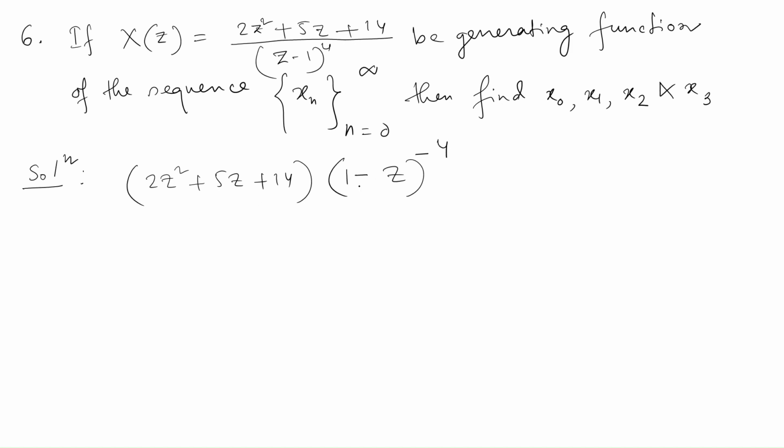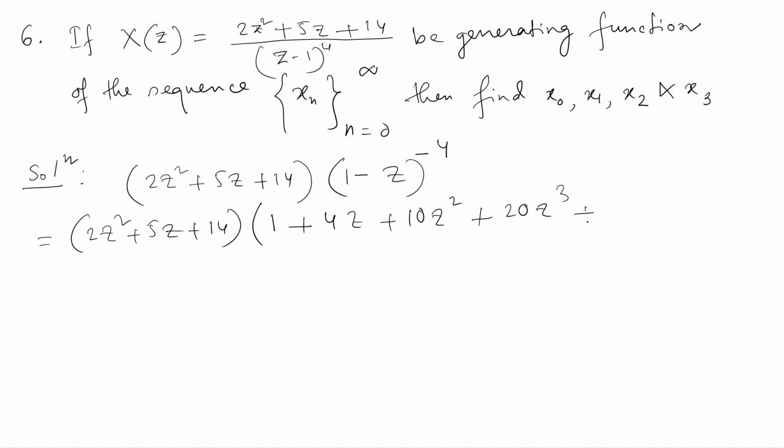Now we know the expansion of this (1 minus z) power minus 4 as 1 plus 4z plus 10z square plus 20z cube plus 35z to the power 4 plus so on.